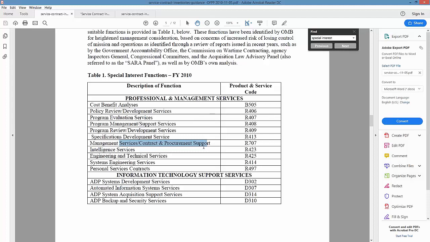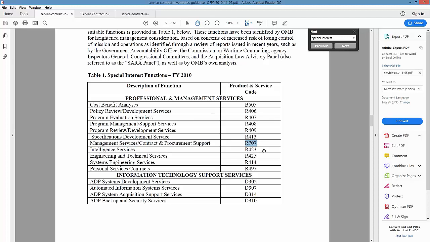I mean, it's a way lopsided balance in terms of the number of people doing that type of acquisition work versus federal employees doing that acquisition work. Well, in which PSC code are you more apt to lose control of your ability to manage your own destiny? Well, obviously it's this PSC, contracts in this PSC code, R707.